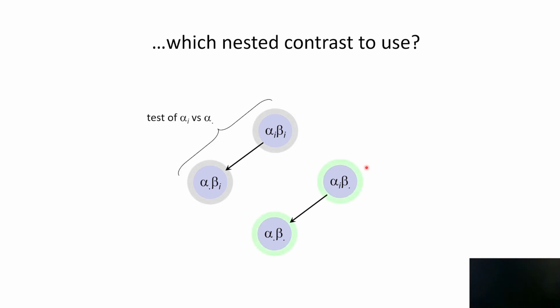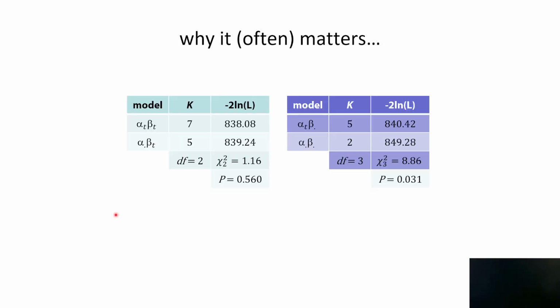So that's a test of alpha sub i versus alpha dot, but so is this one. And in fact, there's an infinite number of possible models that you could build where one of the models is alpha sub i and one is alpha dot, and comparing the two is a test of alpha, but all the other bits of structure in the model are going to influence the results you get.